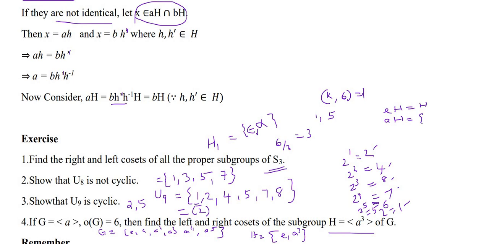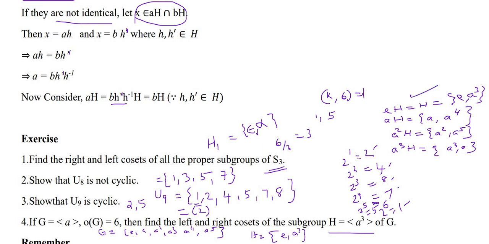So you have A and A power 4, and A square H means you will have A square and A power 5. A cube H, when you consider, it will be A cube and E. So this is the same. So only these are the distinct cosets. This one, this one, and this. Only 3.